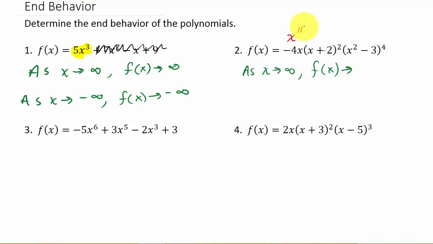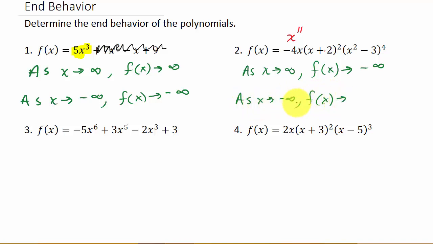And that positive number to the 11th is positive, times this negative 4. The negative 4 is out in front, so times the negative 4 is negative. So this would be negative infinity, because remember, it's the negative 4 times x to the 11th. Okay, now let's look at going to negative infinity.